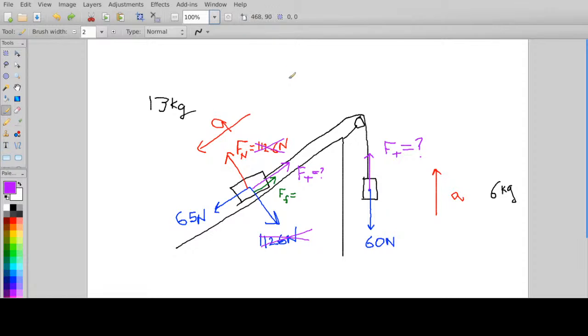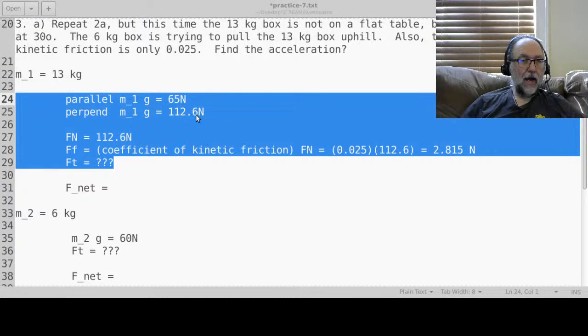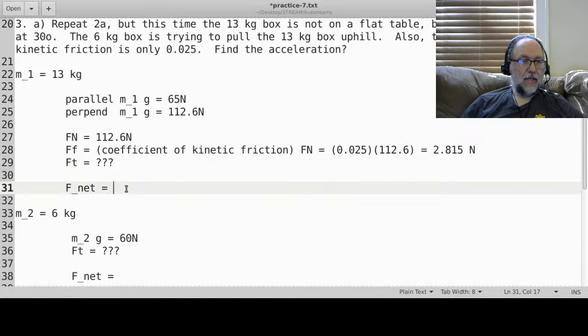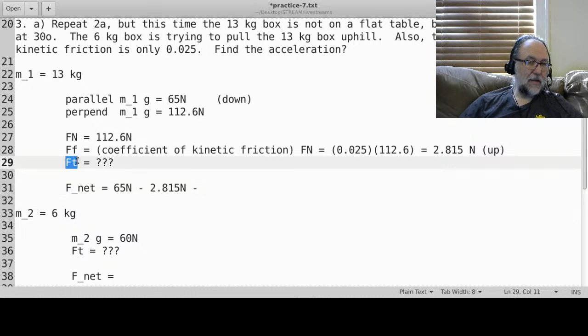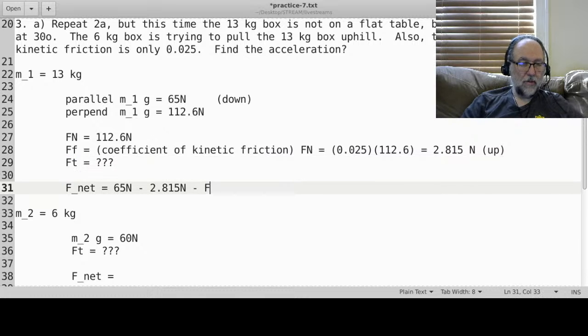So for the net force here, it's going to be that 65 newtons, and we could even say down, minus the force of friction, and this was up, so minus 2.815 newtons, and it's also going to be minus the Ft, because that was also uphill.